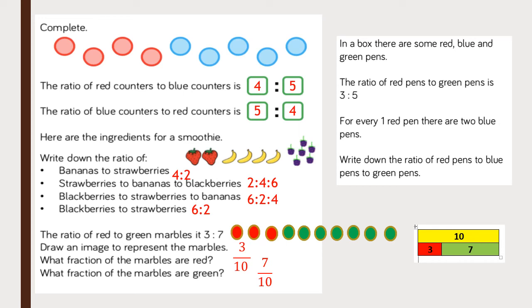So I need to times my 2 by 3, which gives me 6 blue pens to every 3 red pens. Okay, so now we've got that, we can write out our ratio, which should be 3 red pens to 6 blue pens to 5 green pens. So, well done if you managed to get that.